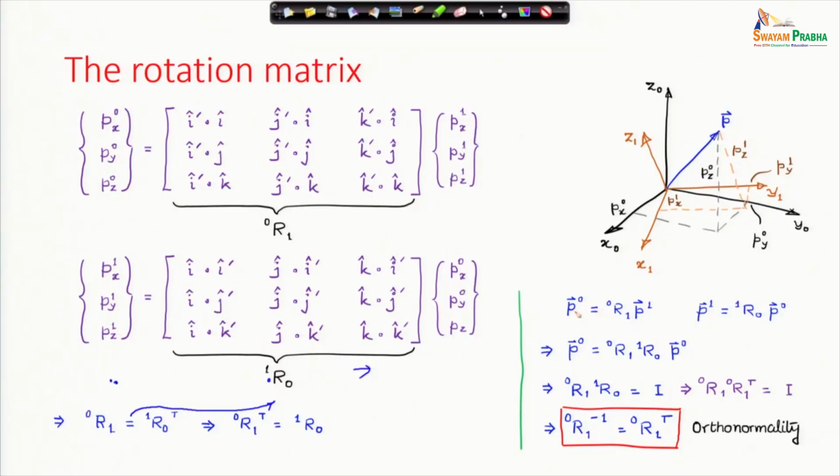In other words, if I have this relation, then I can write it like this, and in a simpler form I will write it like this.